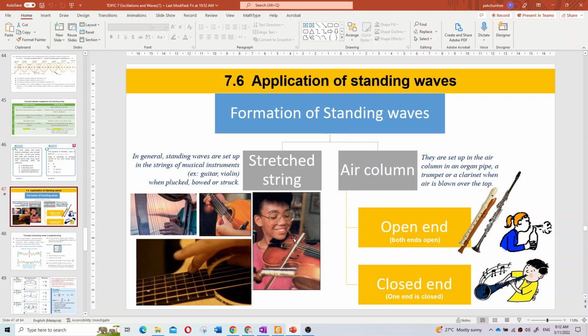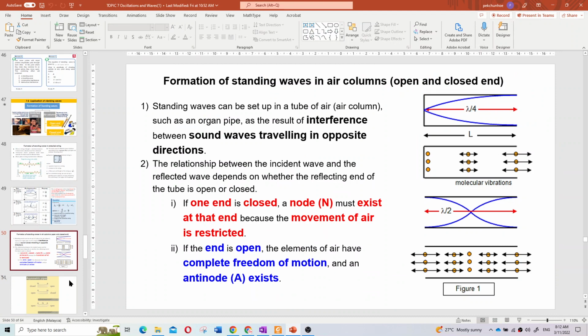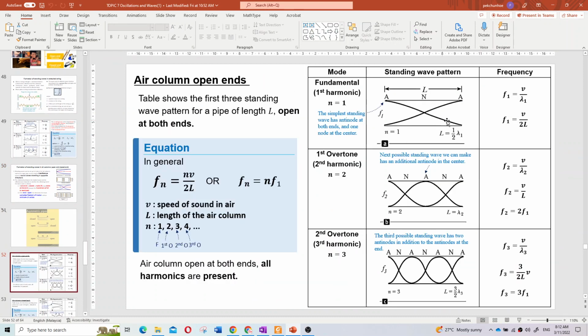In all of these you can find standing wave, so for now we will encounter the nodes and antinodes. All these are standing waves. As you can see, they have nodes and antinodes.